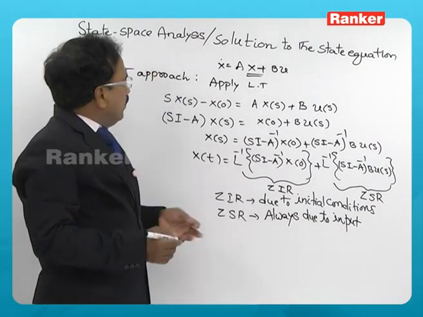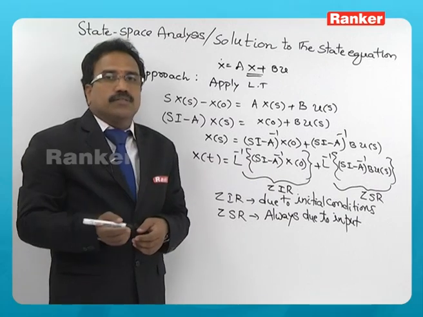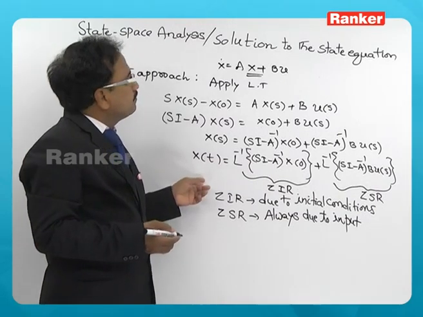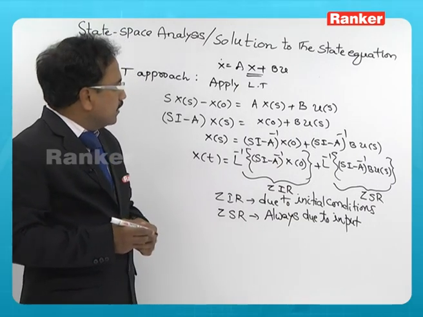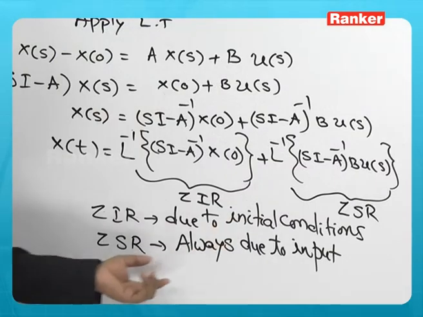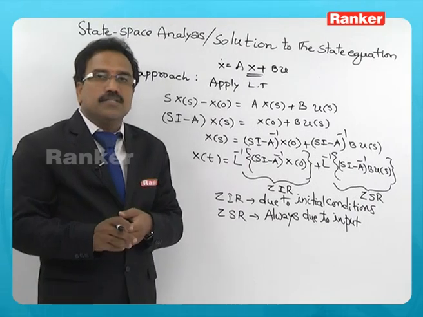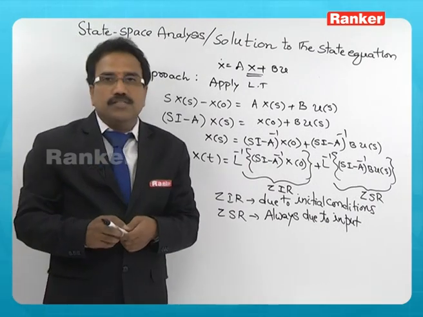So, this is method 1 to get the solution, which is nothing but x of t. It consists of two parts, ZIR and ZSR. This ZSR is due to the input and ZIR is due to initial conditions.